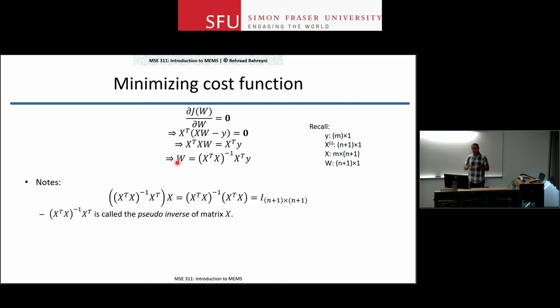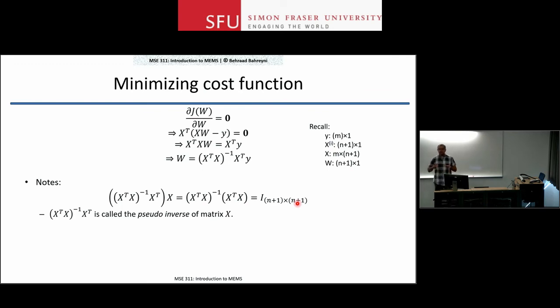Now, a couple of terms if you haven't seen them before. If you notice, we multiplied the left side of the equation by (X^T X) inverse so that you get the unity matrix here. The term (X^T X) inverse times X^T is called the pseudo-inverse of matrix X. Why? Because if you multiply this matrix by X, you get the unity matrix.